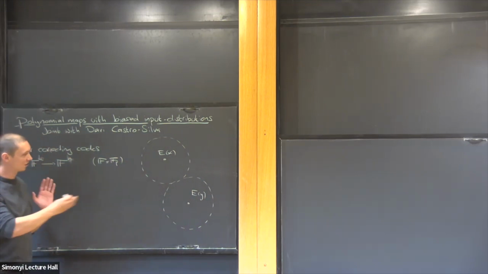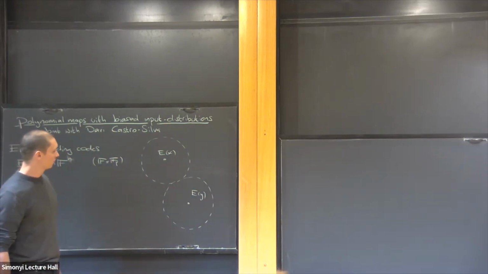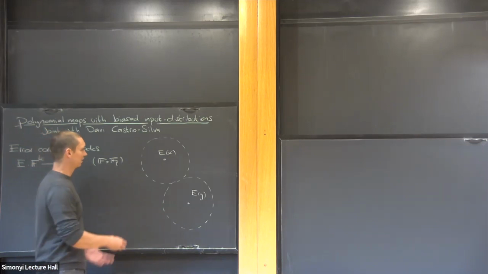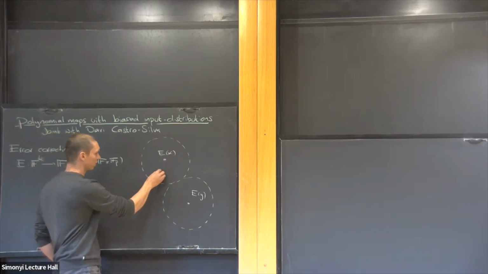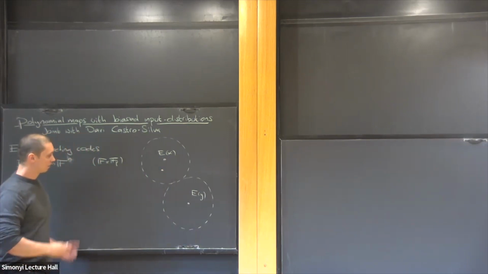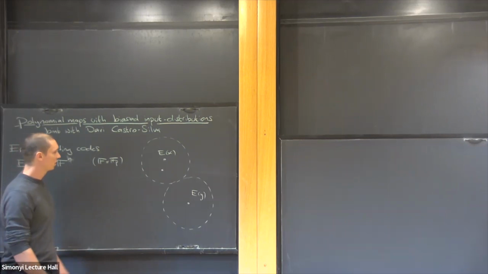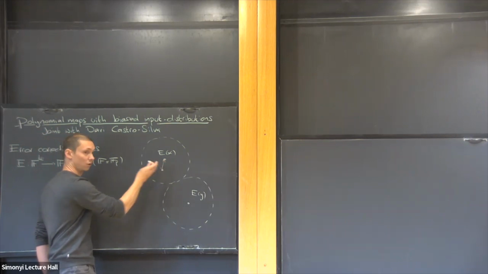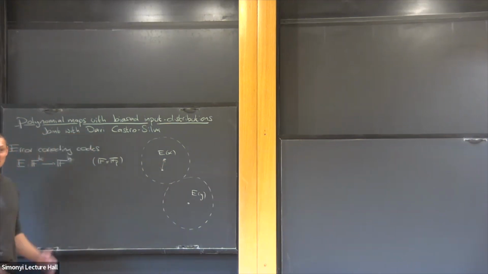So for two messages x and y, the code words E(x) and E(y) are usually well separated in Hamming distance. And the purpose of this is that if a code word gets partially corrupted, so some of its coordinates get corrupted, if the number of errors is not too big, then there will be a unique code word at closest distance from the corrupted point, so you can uniquely decode the original message backwards. Very roughly speaking, that is what error correcting codes are about.